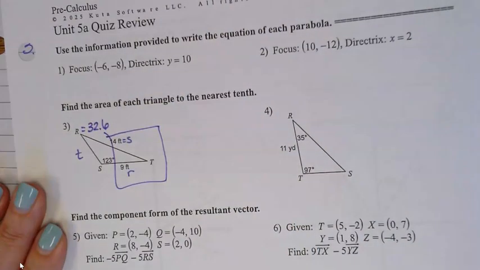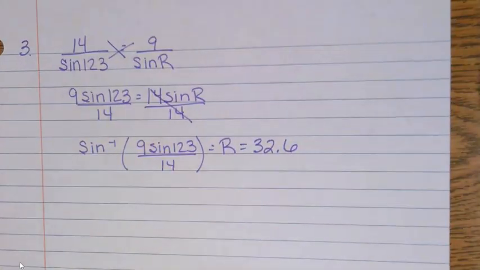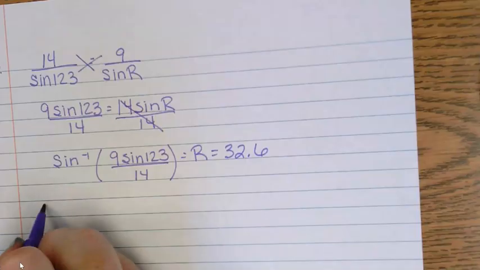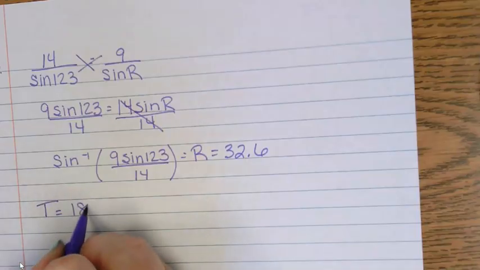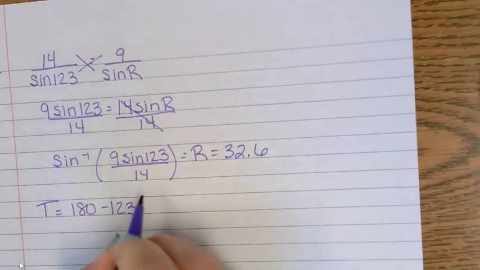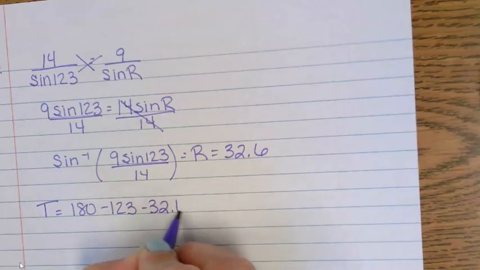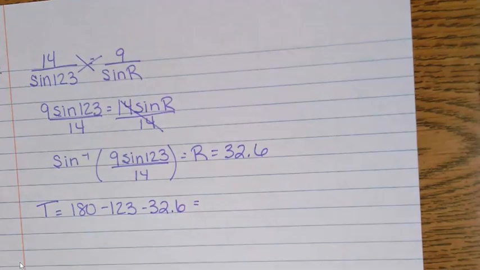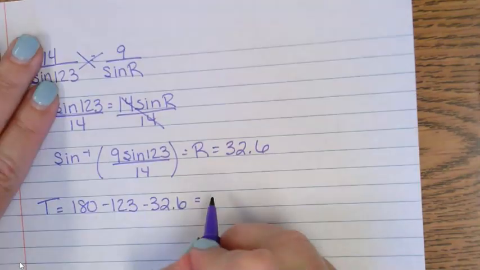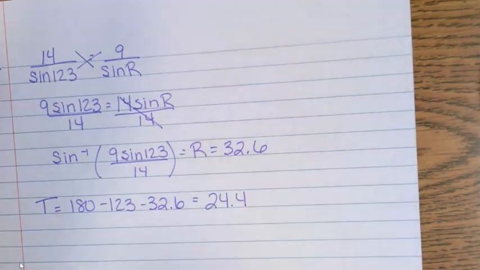So I was looking at that. So I need to figure out big T. Well, if I know 2 angles, now all I have to do is do 180 minus 123 minus 32.6. So 180 minus 123 minus 32.6, I get 24.4.